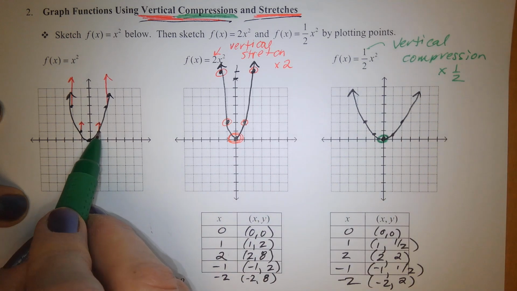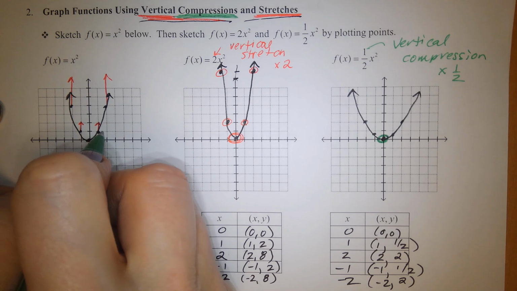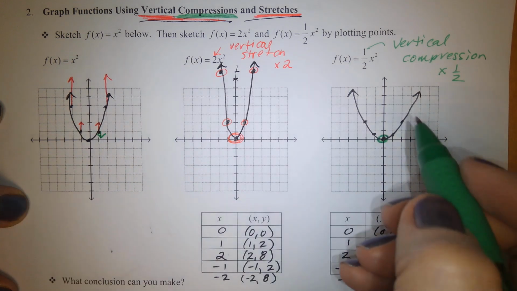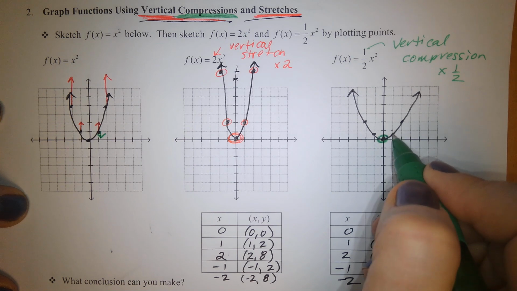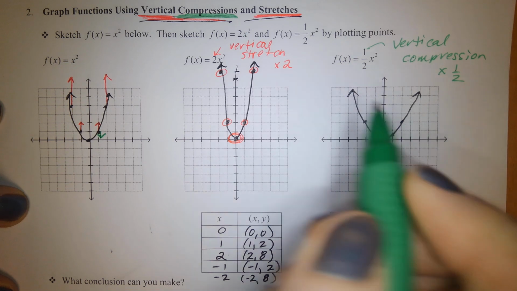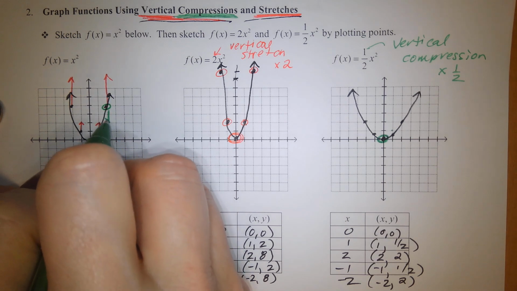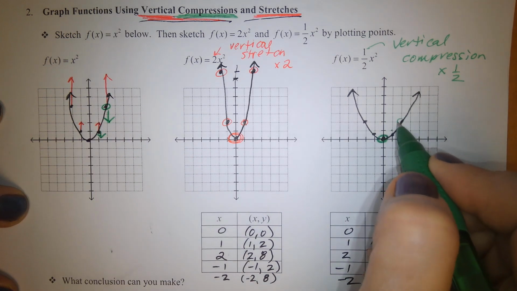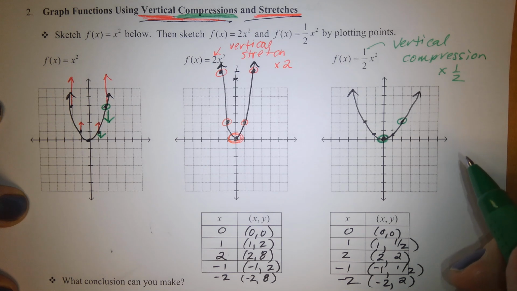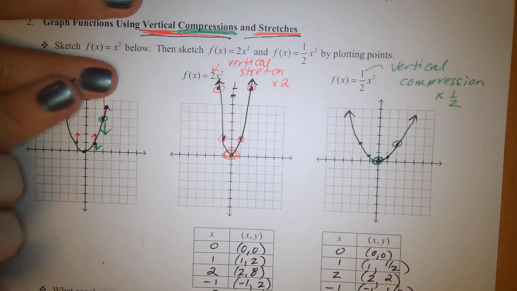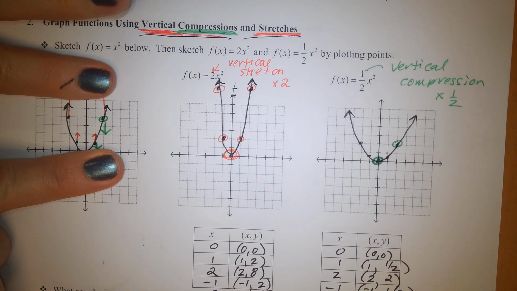So this point that used to be here at 1 is now going to get compressed down to half of its size. So this point here got now compressed to half of its size. This point up here is now going to get compressed to half of its size. So it moved down here. So in other words, every point that used to be up here is now going to get compressed down to half of its size.